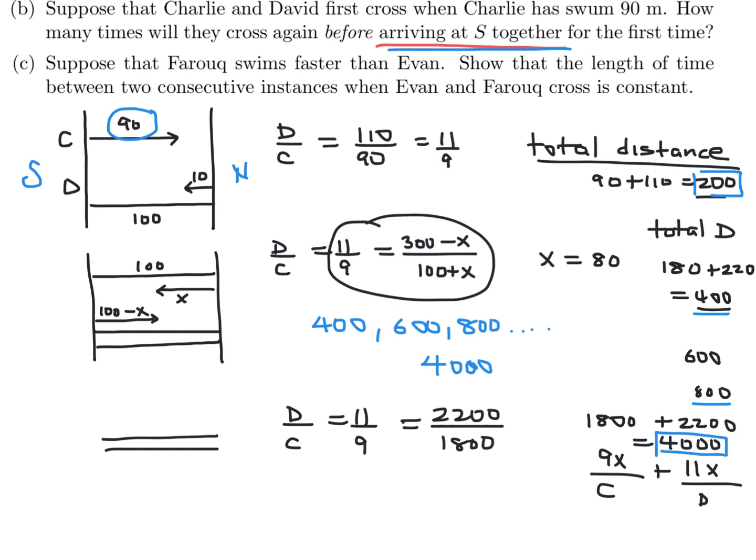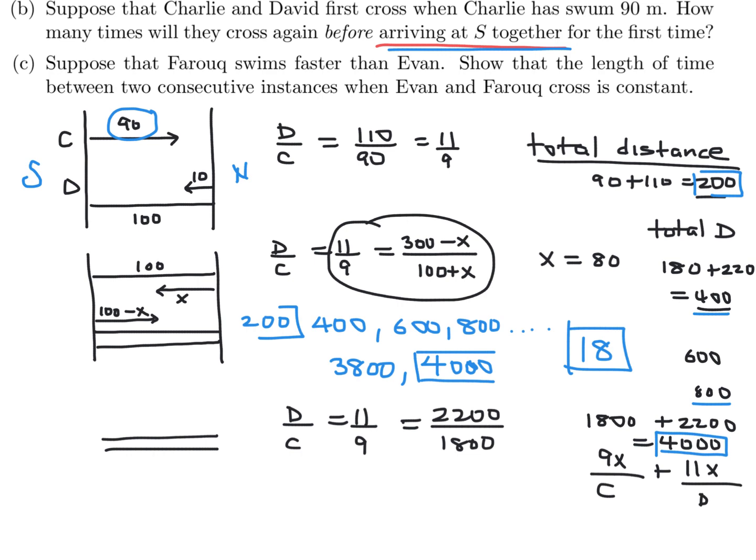They've already said we're not talking about the first crossing. So 3800 is the last time they cross before they arrive at S, when the total is 4000. We want everything from 400 to 3800 inclusive. So that would be 18 times. Yeah, 18 times. So the specific answer to this question is 18 times.